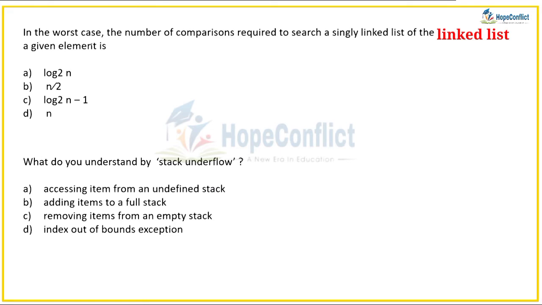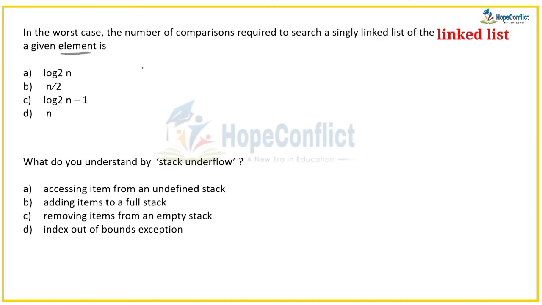Next question: in the worst case, the number of comparisons required to search a singly linked list of length n for a given element. So what can be the worst case? It is when the element that you are looking for is present at the last in the given linked list.